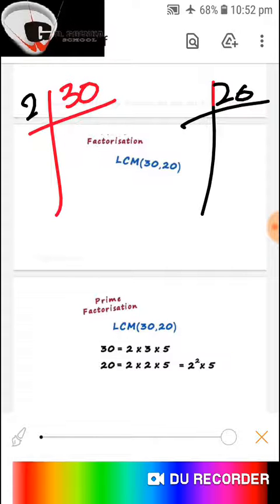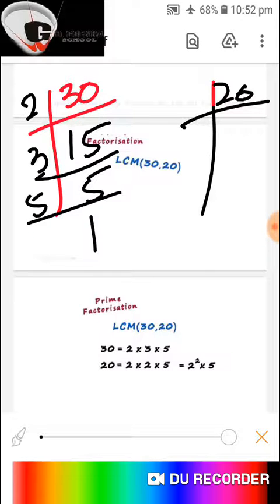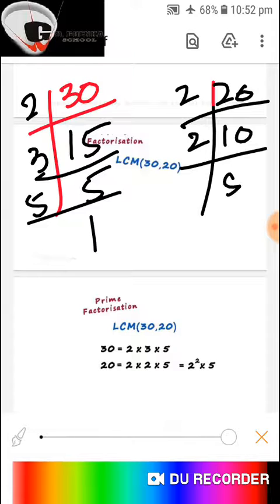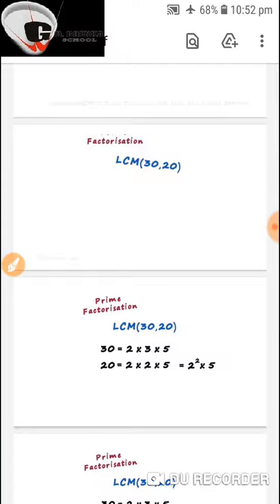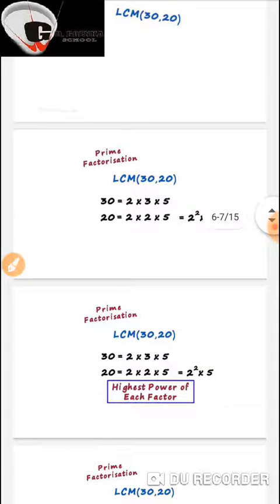So, we can write here as 2 15s are 30, then 3 5s are 15 and 5 1s are 5. Similarly, we can write here as 2 10s are 20, 2 5s are 10 and 5 1s are 5. The second step is that we have to enlist these prime factors.